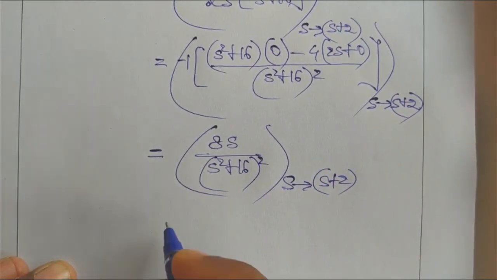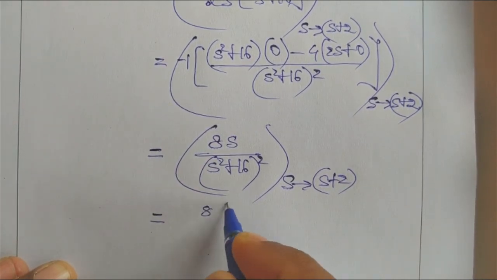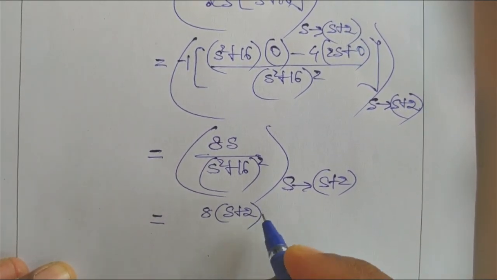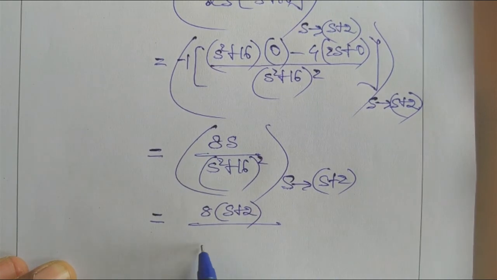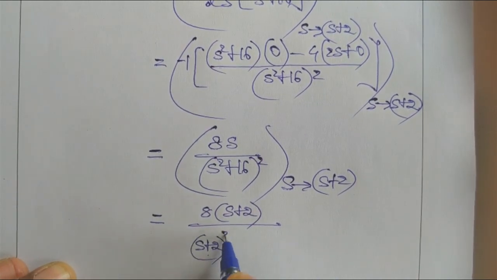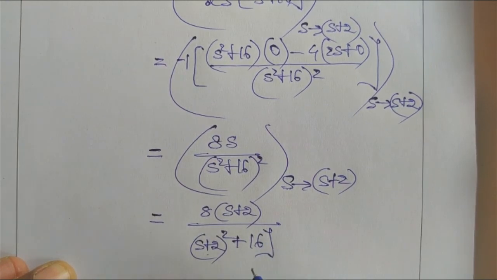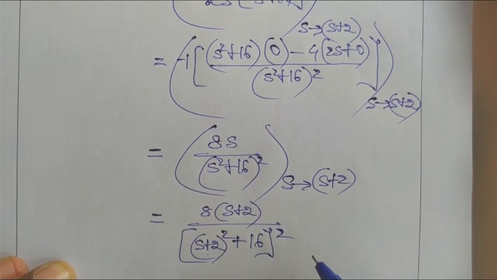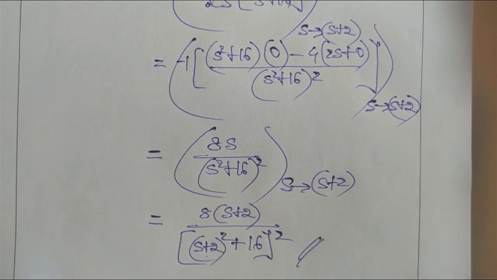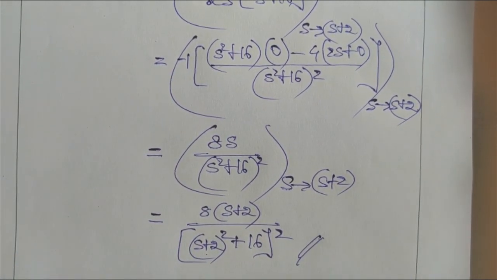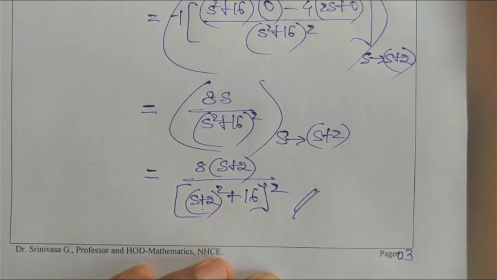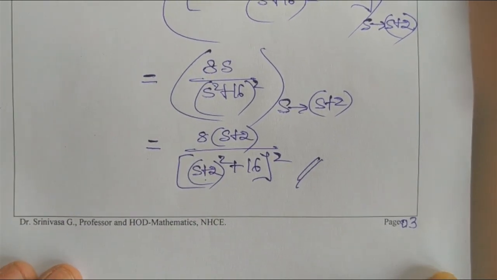Now replacing that, we get 8 into s plus 2 divided by (s plus 2) whole square plus 16, this whole square. Further simplification if you want you can do, otherwise you can stop at this stage.